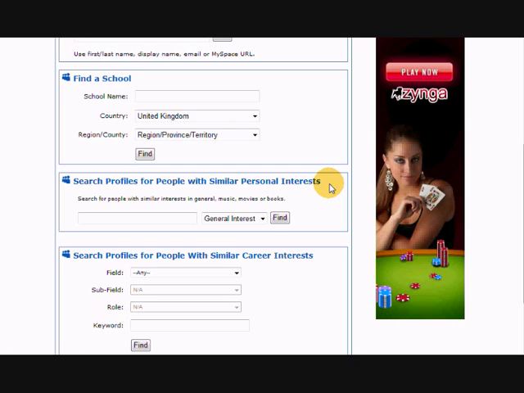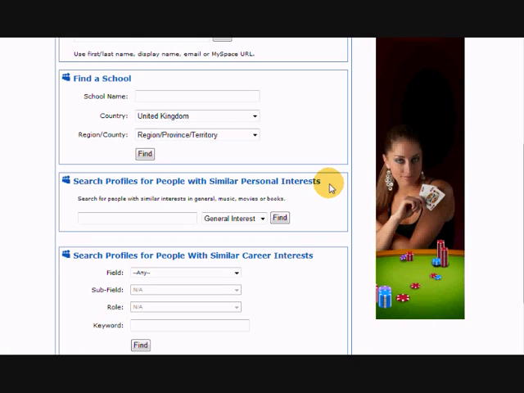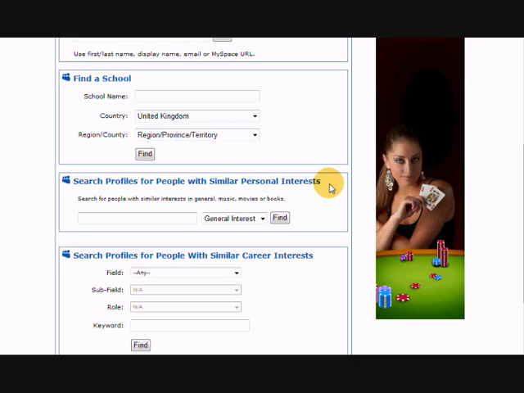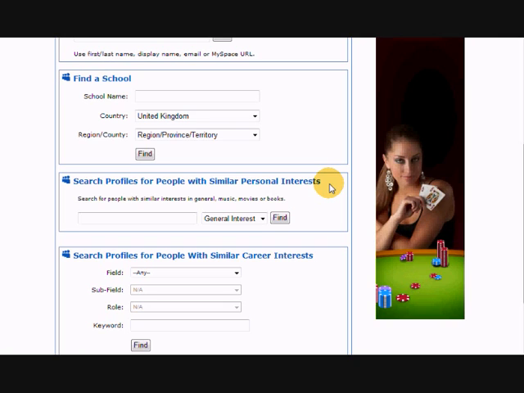So when it comes to targeting people that will be hot prospects and hot leads for your home-based business, whether that's a multi-level marketing business, a direct sales business, or, like I've said in previous videos, even if you're just promoting an affiliate program or affiliate programs, you want to be able to tap into specific target markets.